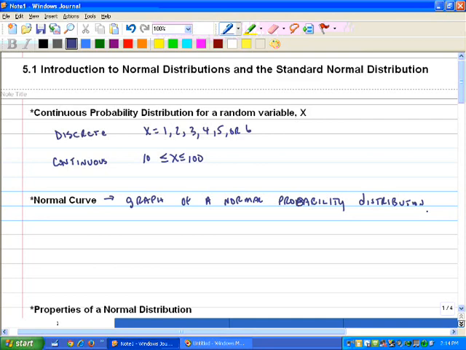Our discrete distributions we graphed with histograms, but a continuous distribution is graphed with a curve. The normal curve is always going to be a bell-shaped curve with certain properties.